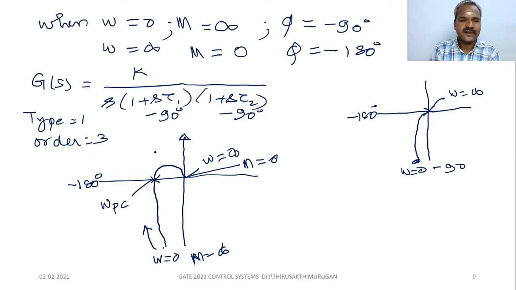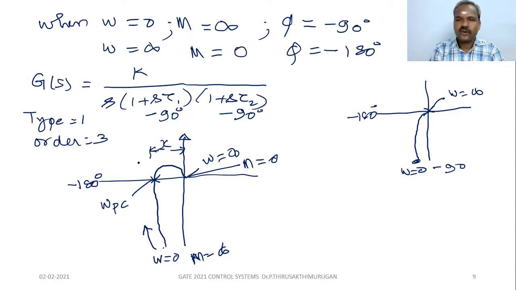So what will be the magnitude? This magnitude, say this is x. What is x? Normally this x is called k into tau 1 plus this variation. This cross is x.